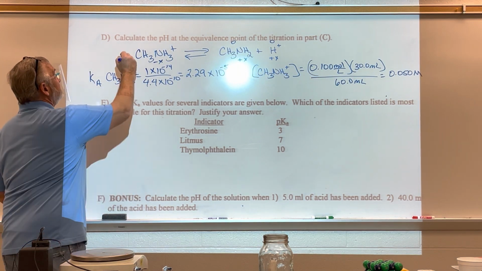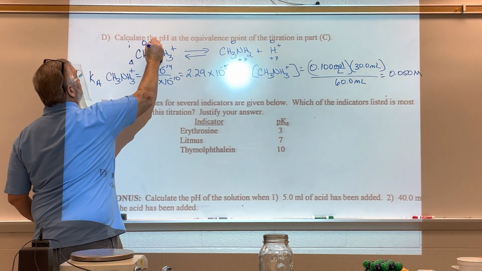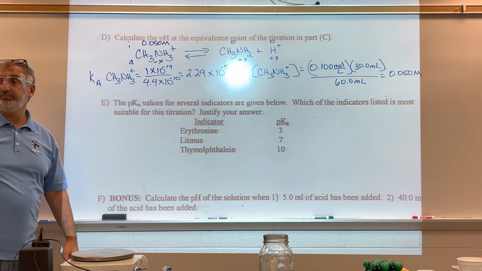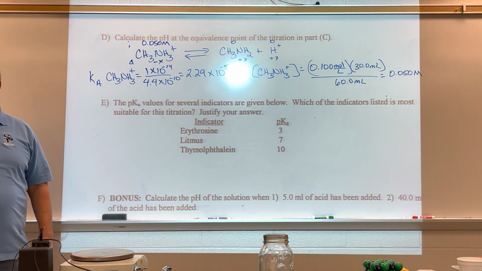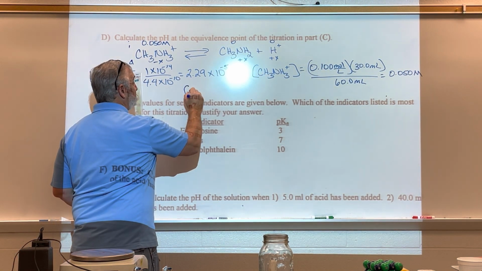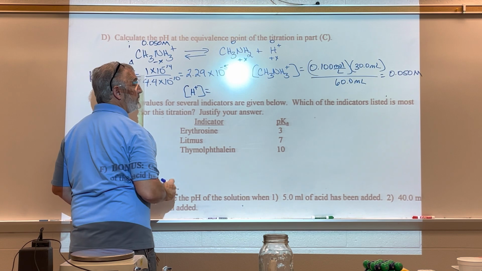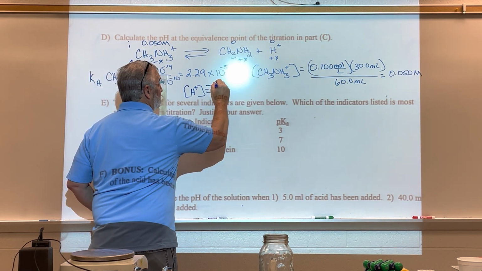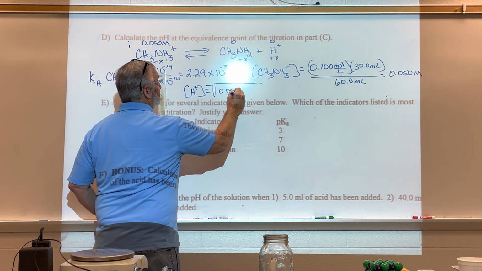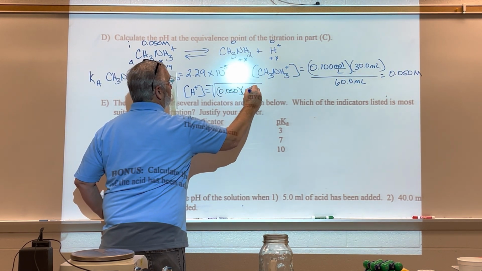Now I have my initial concentration of 0.050 molar. Now it's a weak acid problem. So I can go to my shortcut now. I can say H plus is equal to what? The square root of 2.29 times 10 to the minus 5 times 0.05, the Ka.